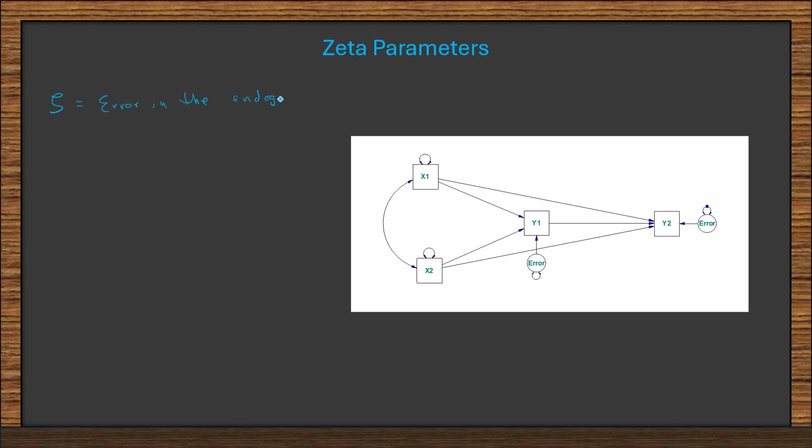And so we're going to have a zeta 1 and a zeta 2. The 1 because we're at y1, 2 because it's the second endogenous variable. Now, even though we're not estimating zeta 1 and zeta 2, they represent something, we're still going to put it in a matrix. We're going to have a zeta matrix. And the matrix is going to be an m by 1, where we're going to have zeta 1 and zeta 2.